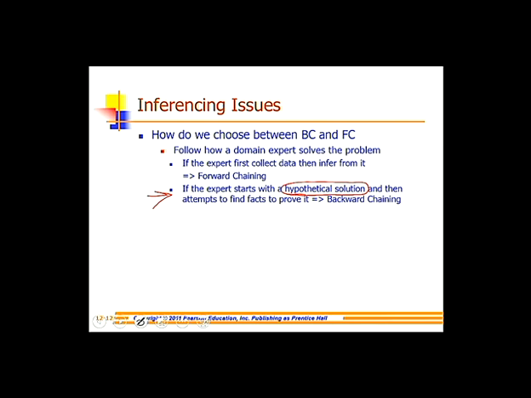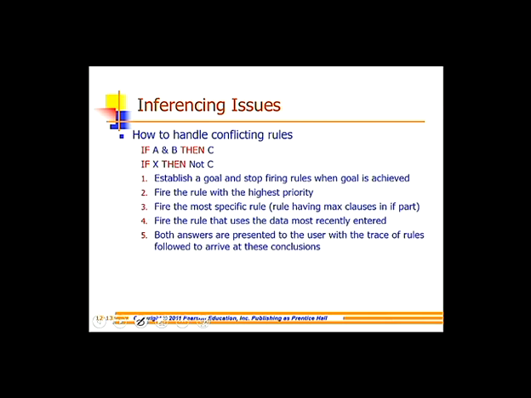So this is how we can choose between the backward chaining and forward chaining techniques. For certain problems, both may be valid. Like the simple example we saw, it was easily and equally applicable in both the cases, but for certain problems we may have to pick between forward and backward chaining. So this is how we can do that.